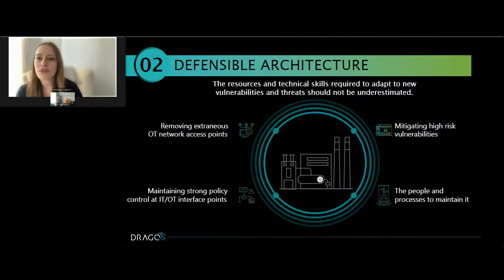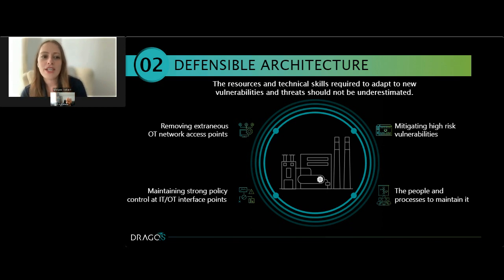Number 2 is a defensible architecture. So this is what can help you harden your environment such that it can detract or completely prevent an adversary from gaining access. Some efforts include removing extraneous OT network access points. If you don't need it, get rid of it.